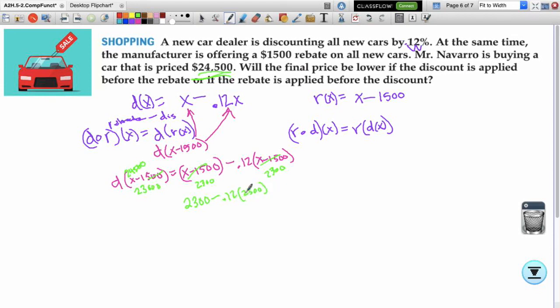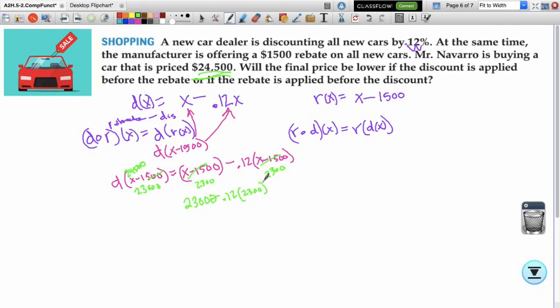And this product here, folks, if you grab a calculator real quick and multiply those two things together, that's going to be your actual discount, how much that 12% is going to be off. And if we subtract the two, we end up getting 23,000.